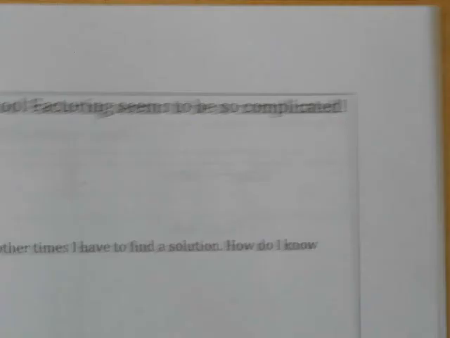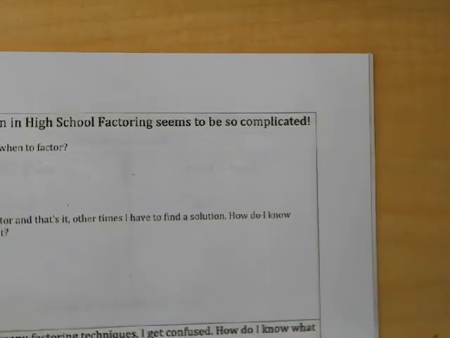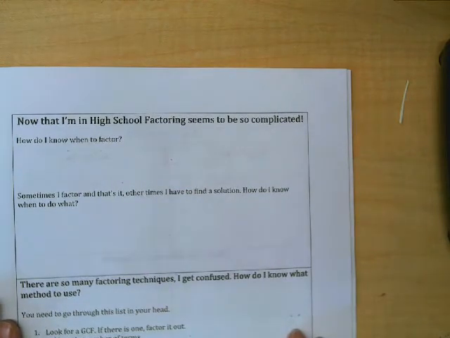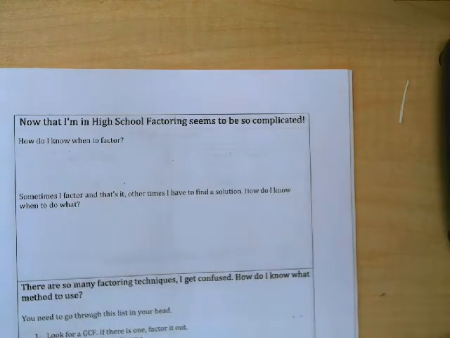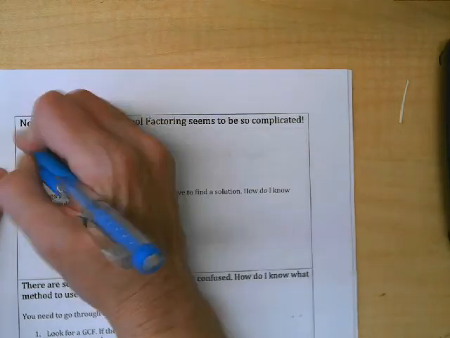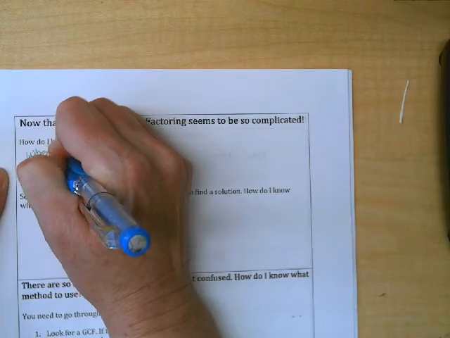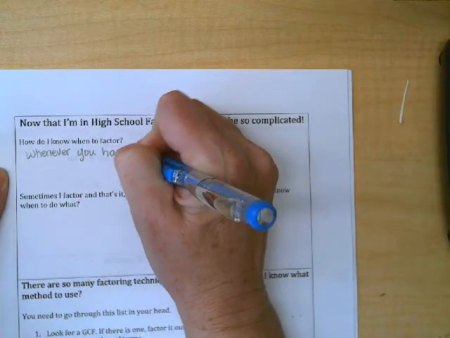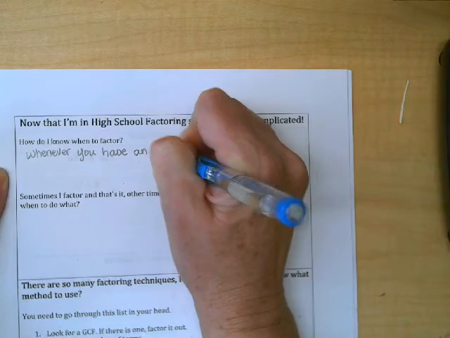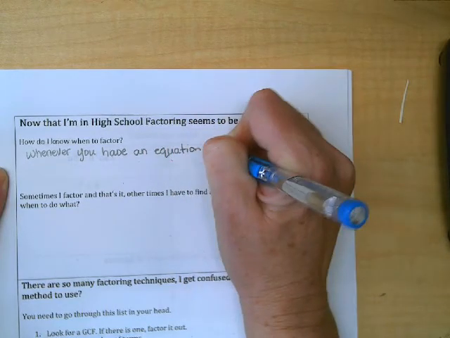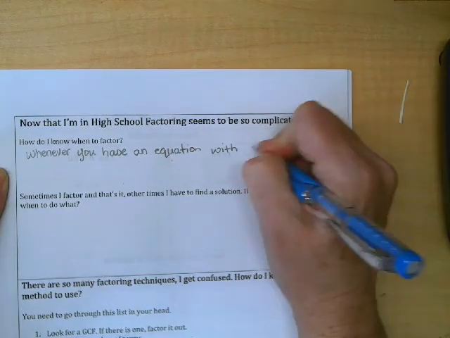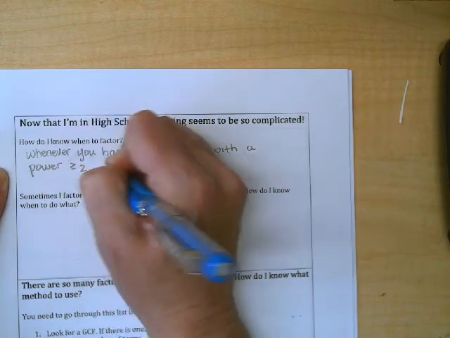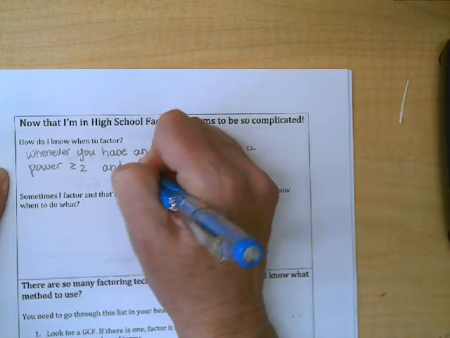Okay, so now next page. It's like, okay, that's so easy. What happened in high school? How do I know when to factor something? Because it seems like sometimes we factor, sometimes we don't. You're going to factor whenever you have an equation with a power greater than or equal to 2, and you want to solve it.